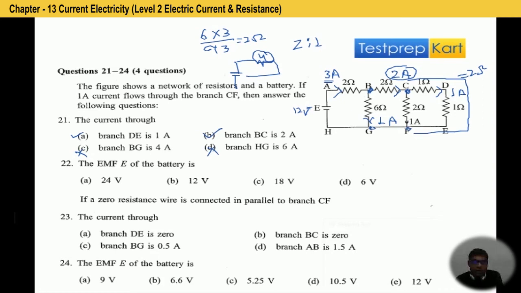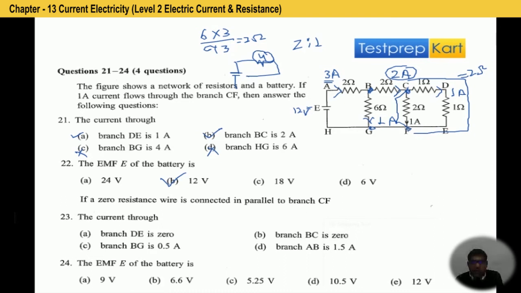Next, EMF of the cell we already calculated that it is 12 volt. So option B is correct for question number 22. Next, the zero resistance wire is connected in parallel to CF. Zero resistance wire means short circuit.